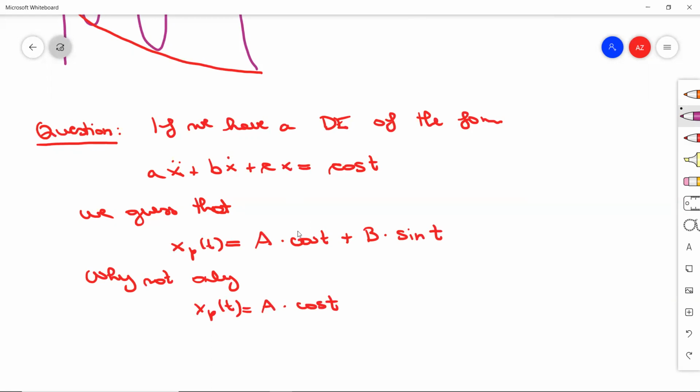If we had only this particular solution and plugged it into our initial differential equation, what we would get is, here we would get something times cosine. Here, where we have the first derivative of x, we would get something with sine, and here we would get something with cosine. So we wouldn't know how to cancel this sine.